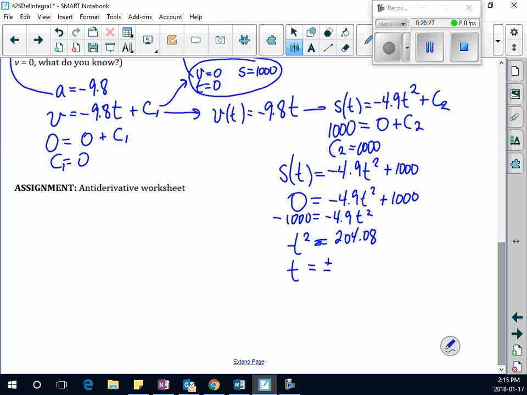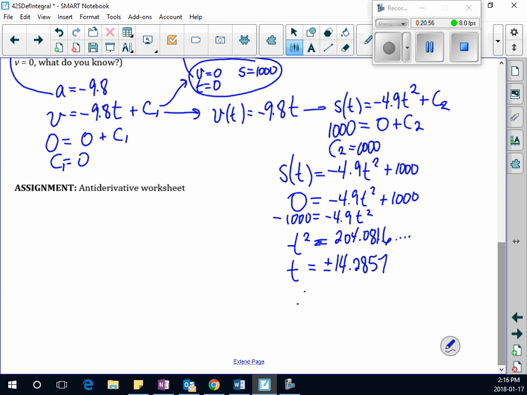Yeah, so we're going to reject that. 204.0816, and so on. So, the square root of the answer: 14.2857.